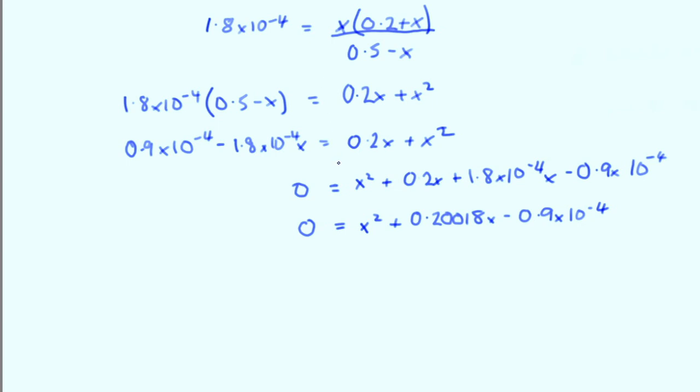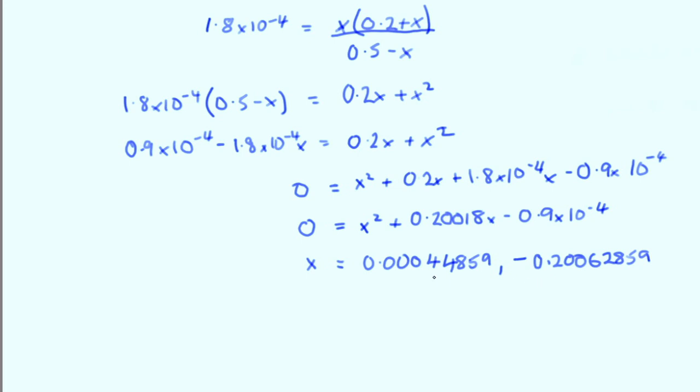Right, and if you do the calculation for the quadratic equation using the quadratic formula, which I'm not going to show you because you know how to do this, you should get x equals 0.000444859 or something similar, and minus 0.20062859.